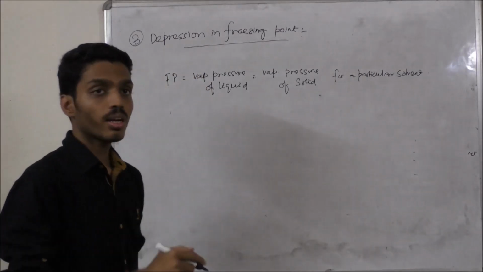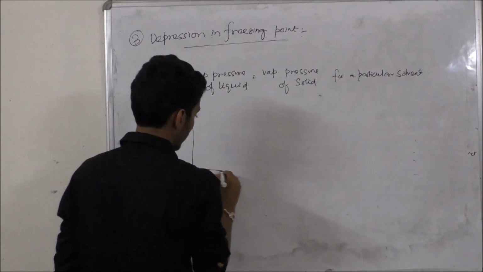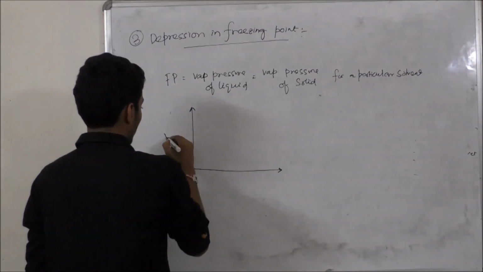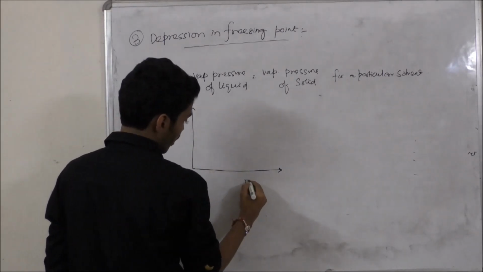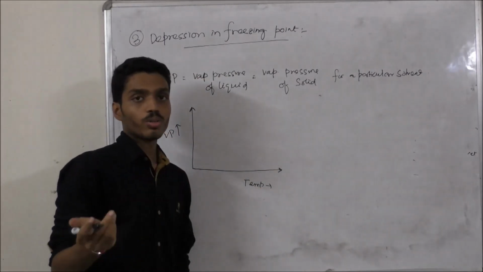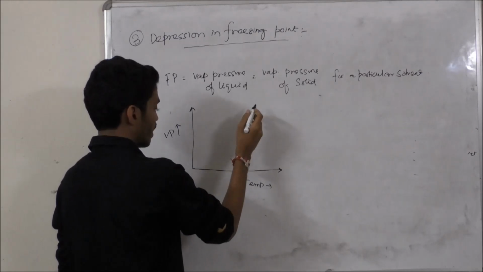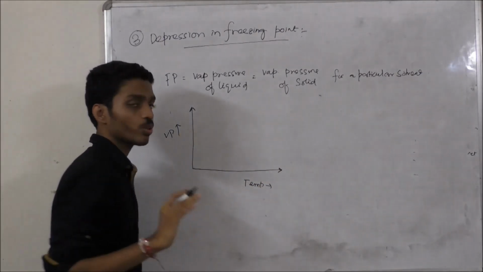To make you understand, let me draw a graph. Here on the y-axis is vapor pressure, and on the x-axis take temperature. What I told you is that when the temperature decreases, the vapor pressure of a liquid also decreases.